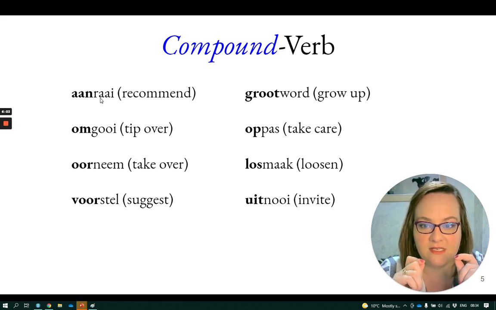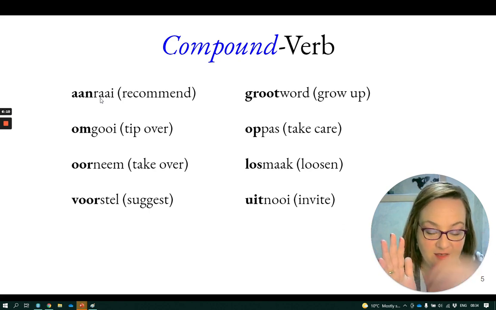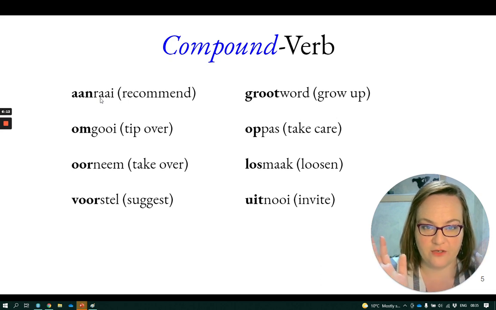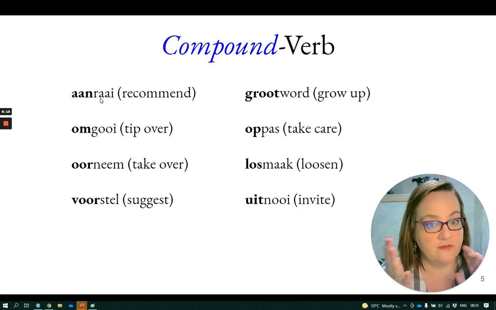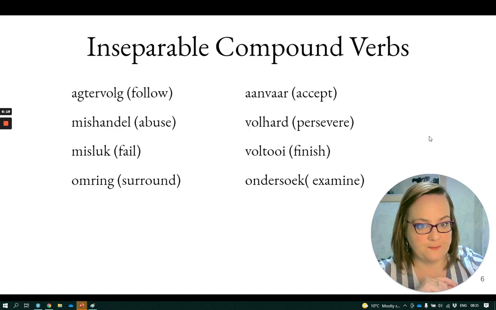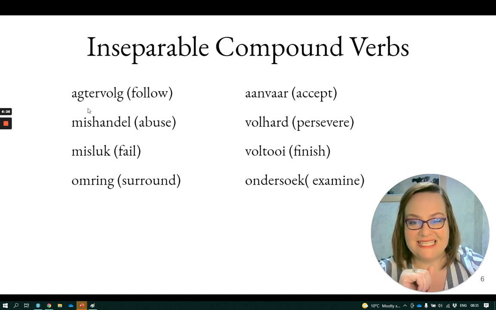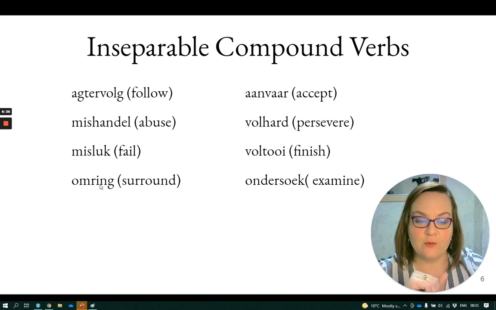So I will do my best to give you the longest list that I can find of the compound verbs, and you'll have the audio for that, so you can go through it for vocab and also for recognition of these compound verbs. But some of these verbs, like on this next page, are inseparable compound verbs, like agtervolg, mishandel, misluk, omring, aanvaar, volhard, voltooi, ondersoek.